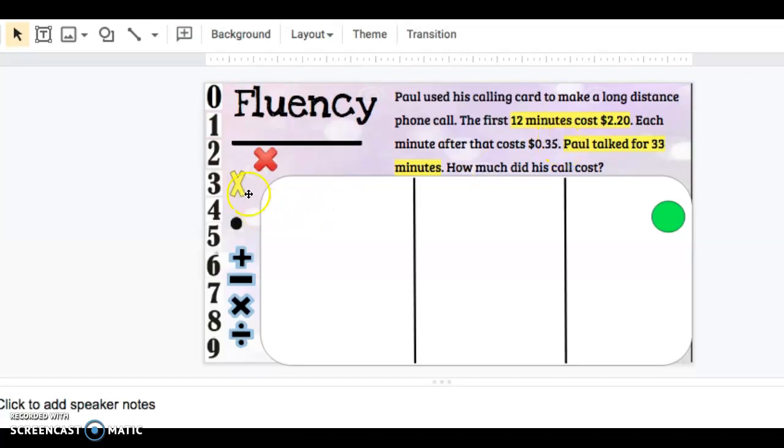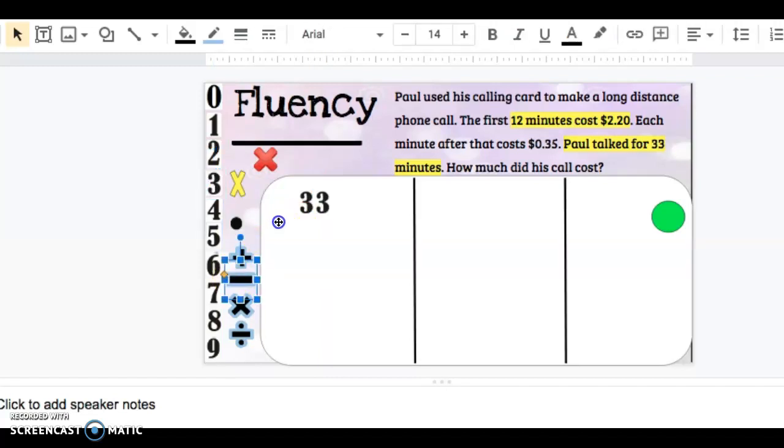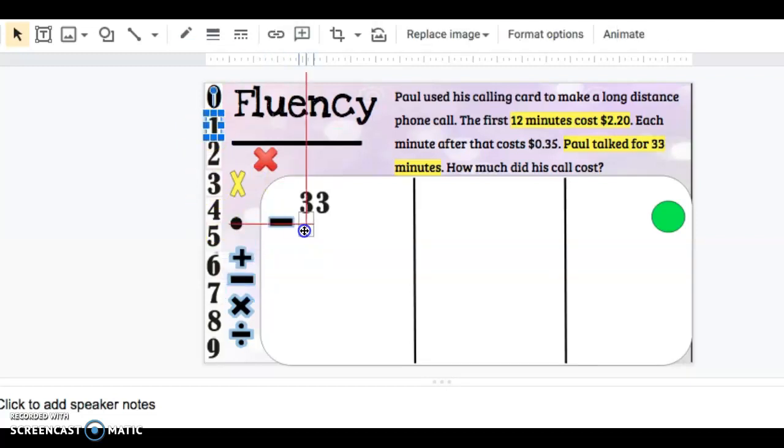Okay, so we first have to subtract 33 minus 12, because we're trying to figure out how much time is not accounted for.